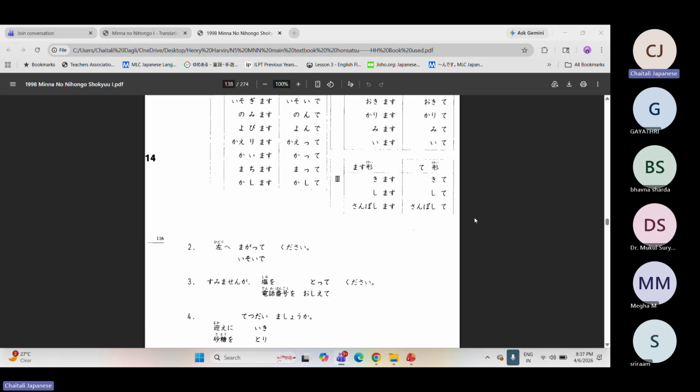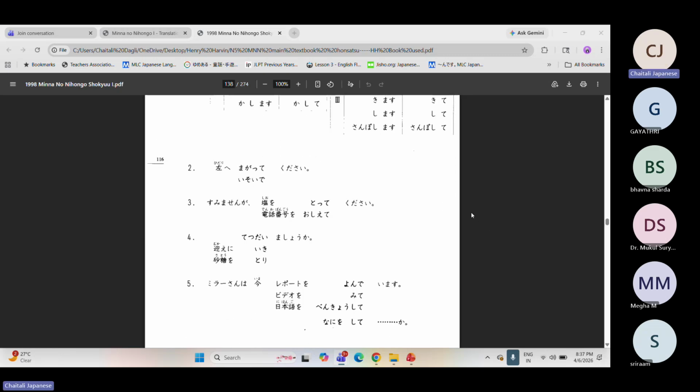Okay, have we gone through the chart, everyone? Now let us look at the sentence patterns. The first pattern which you are going to see here is verb in te form plus kudasai, which means please do.